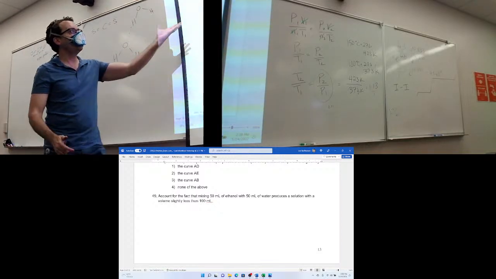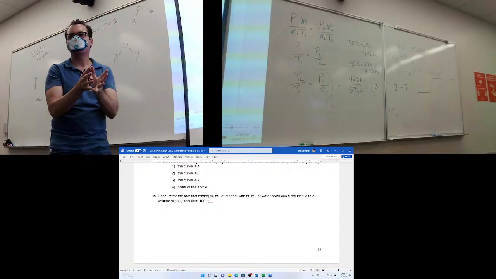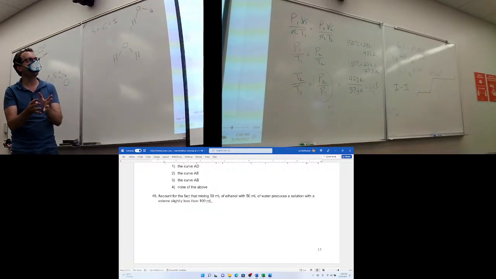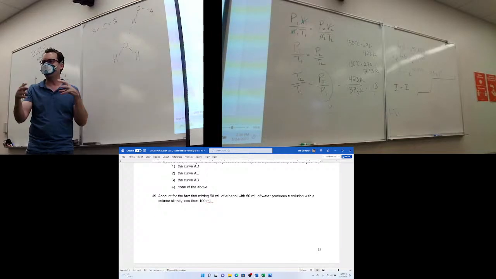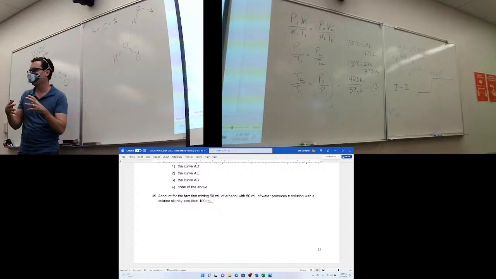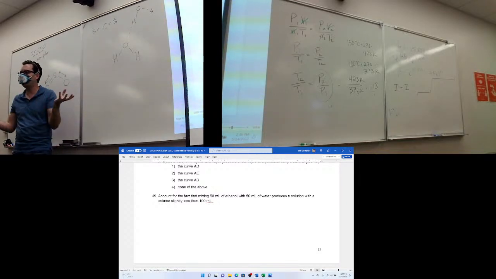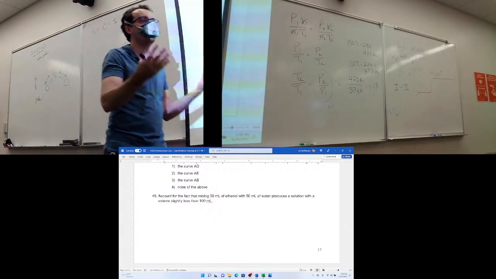But if you mix these two together and suddenly it's less volume than you'd expect, it must mean the two different molecules are interacting with each other and taking up less space as a result. Somehow they pack together a little bit more tightly. That's all. Nothing's very specific. It's a vague answer, but that's what must be happening.